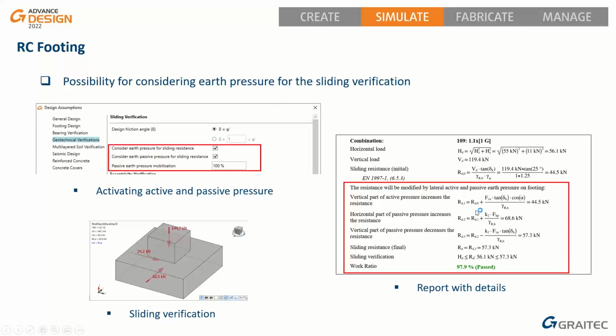You can see in the report that the vertical part of the active pressure increases the resistance, the same as when we use the horizontal part of the passive pressure, but the vertical part of the passive pressure decreases the resistance. Anyway, at the end we have values of the sliding resistance with or without using one or both earth pressures.